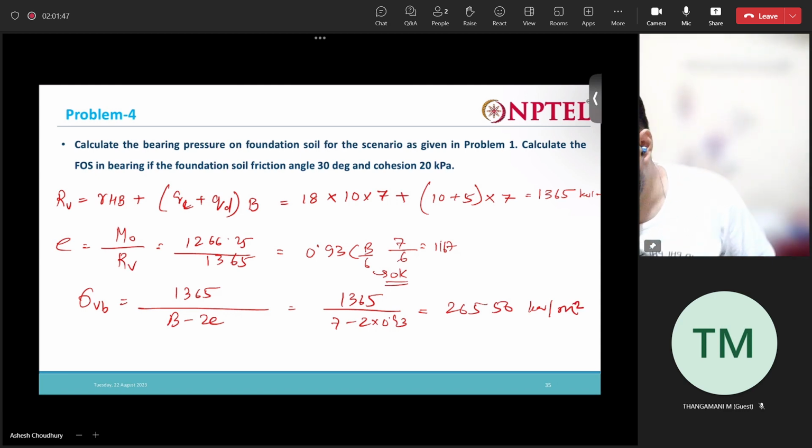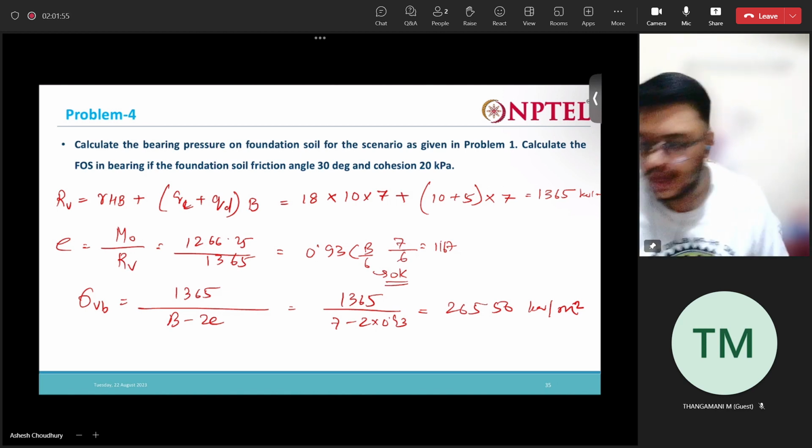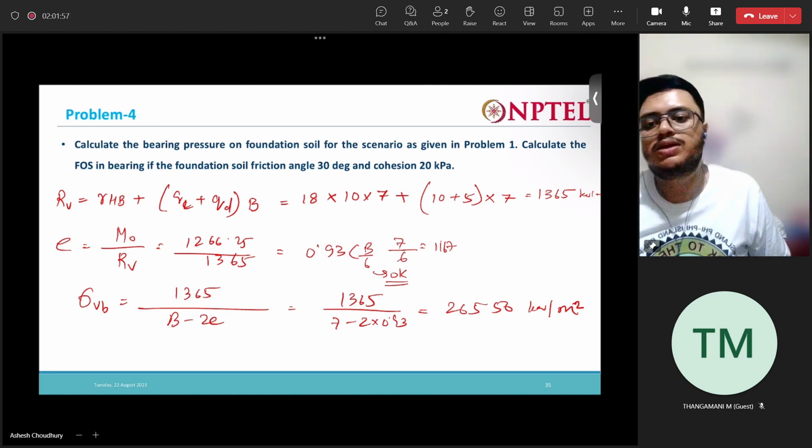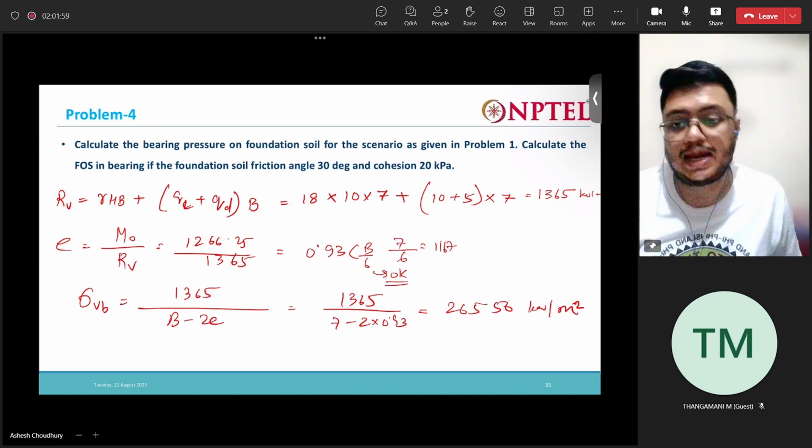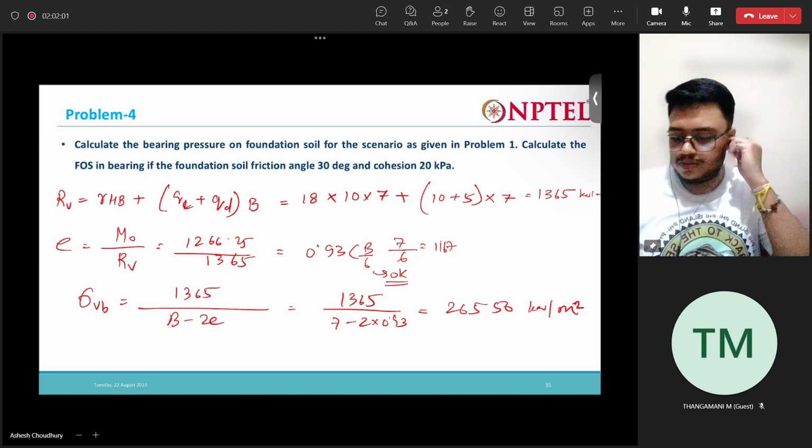All right. Now this is the vertical pressure that is coming. Now we need to calculate the bearing capacity of the soil, the allowable bearing capacity of the soil.